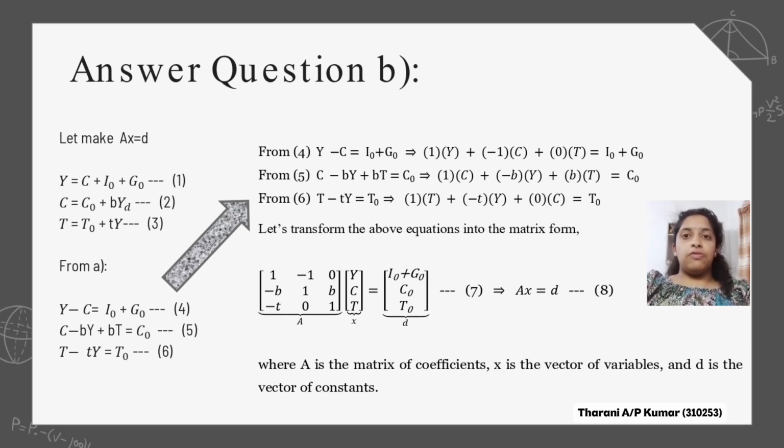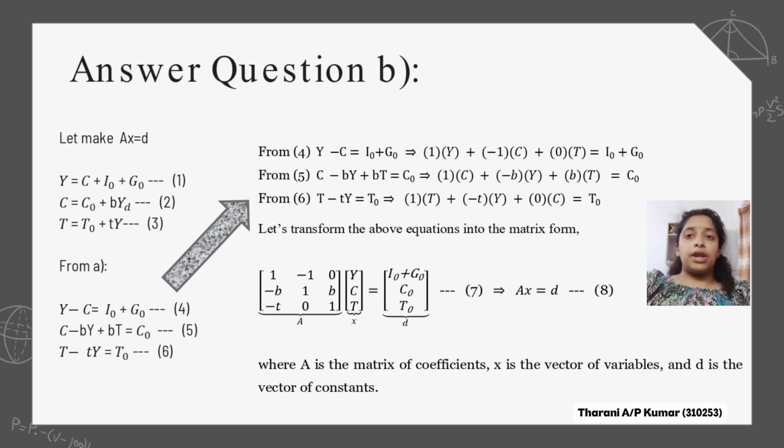From the first equation, Y minus C equals I sub 0 plus G sub 0, the coefficients are 1 for Y, negative 1 for C, and 0 for T. From the second equation, C minus BY plus BT equals C sub 0. The coefficients are negative B for Y, 1 for C, and B for T. From the third equation, T minus tY equals T sub 0. The coefficients are negative t for Y, 0 for C, and 1 for T.